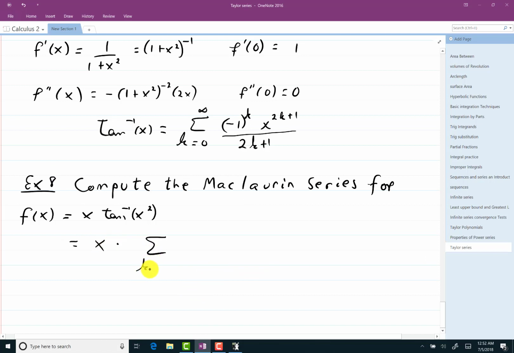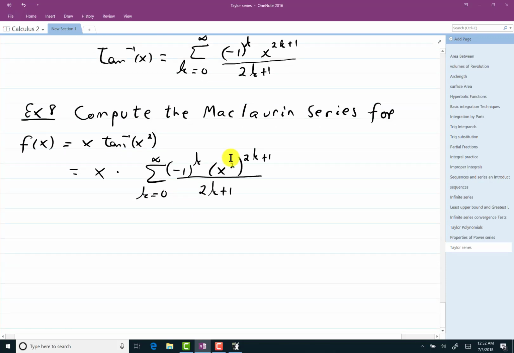So k equals 0 to infinity. We have the negative 1 to the k. That doesn't change with whatever x is. But now instead of an x here, I'm going to put an x squared there. And then I'll get a 2k plus 1 all over 2k plus 1. Let me simplify a little bit here.